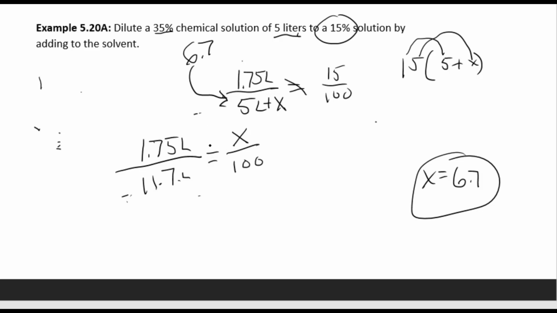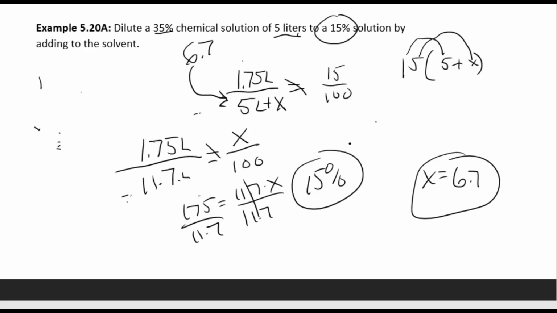So how do I do this? Well, I cross multiply, I get 175 equals 11.7 times X. Divide both sides by 11.7. Put that on my calculator. And I get, what do you think I get? Well, if you guess 15, you'd be correct. Actually, I got 14.957. A little rounding error, but that is fine.